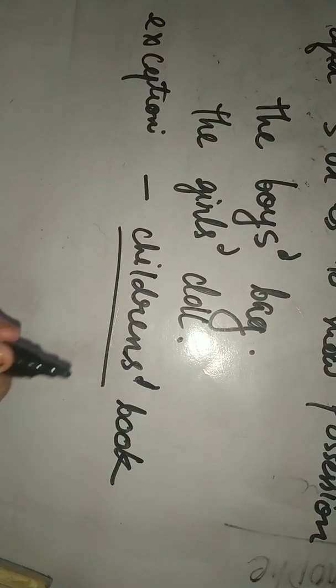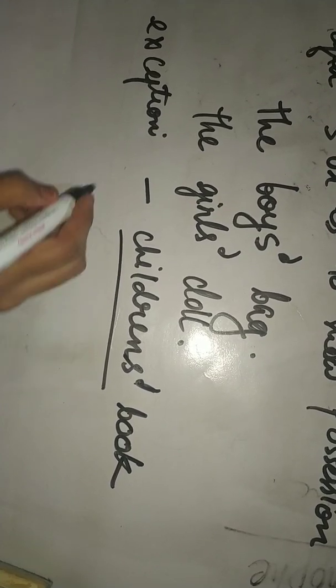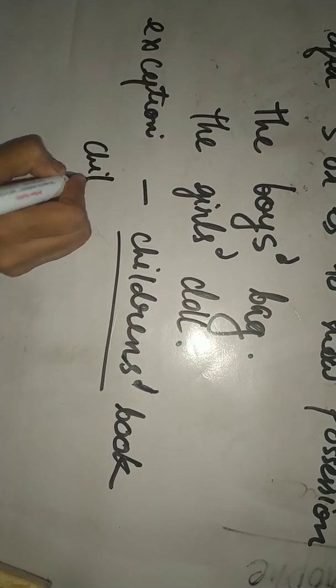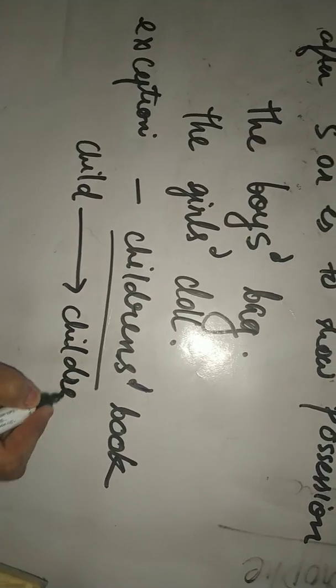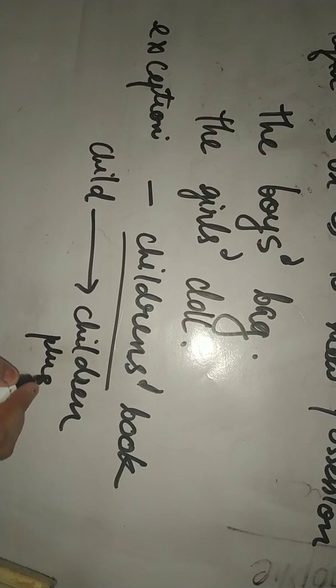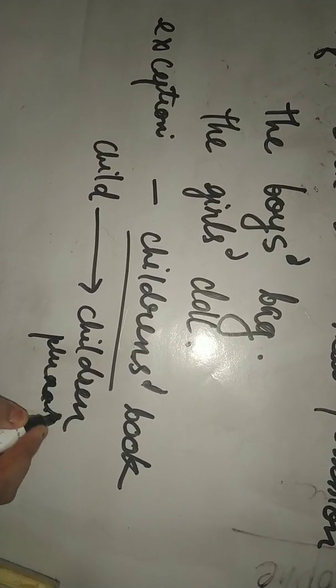We do not write children's book. We do not write like this, children's book. We do not use the apostrophe after the s in children. Why is it so? Because children is itself the plural of child, so we don't add the apostrophe after the s.